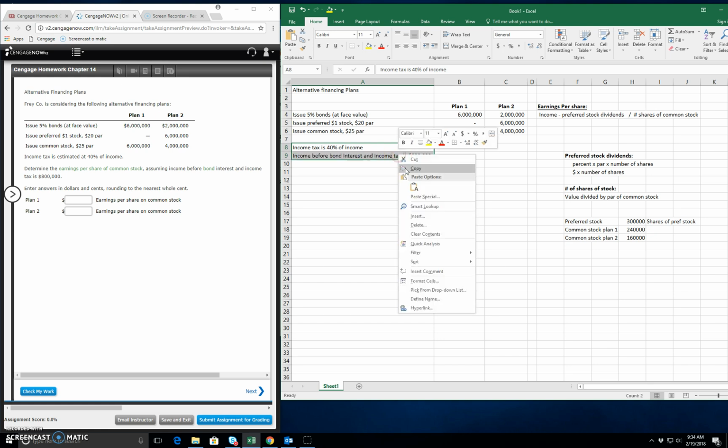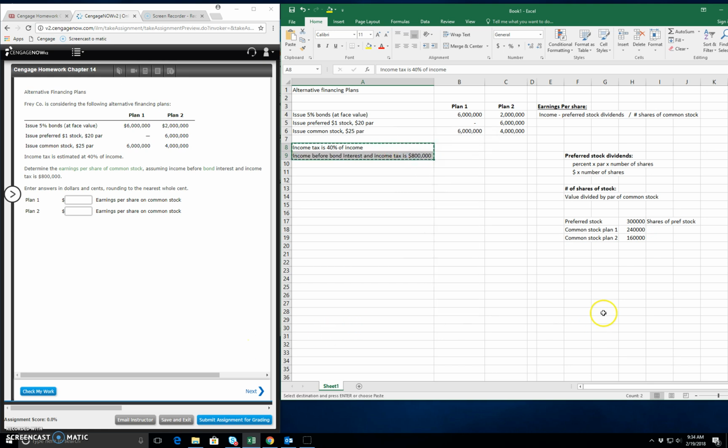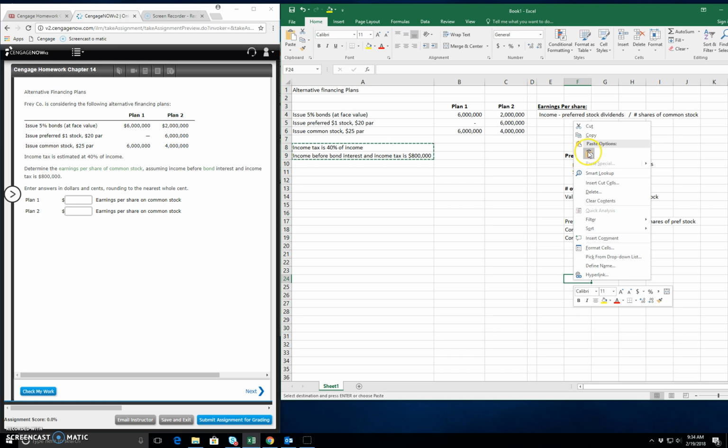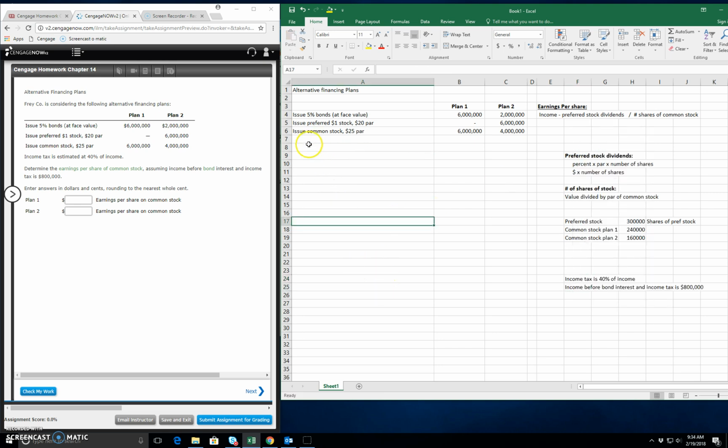Alright, so this is just information from my problem. I'm going to stick it over here because I don't want it in my way as I do my calculations. So this is the amounts that are given. Let's put in our earnings before bond interest and income tax. That is our earnings before we take out interest and income tax. They give it to us at $800,000.